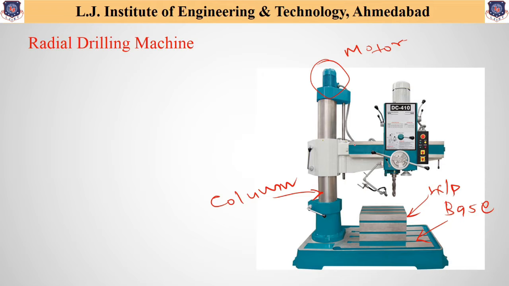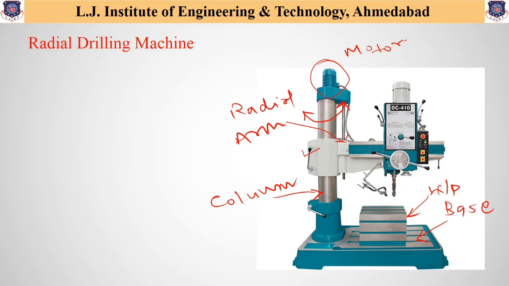Now as we have discussed in sensitive drilling machine, with this vertical column table is attached, but in the case of radial drilling machine, with this vertical column, the part attached is called as the radial arm, and this radial arm can be rotated about this vertical column based on requirement.